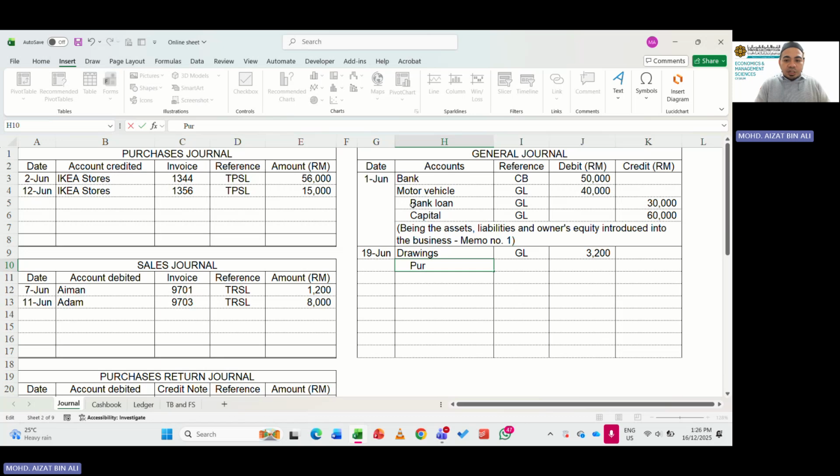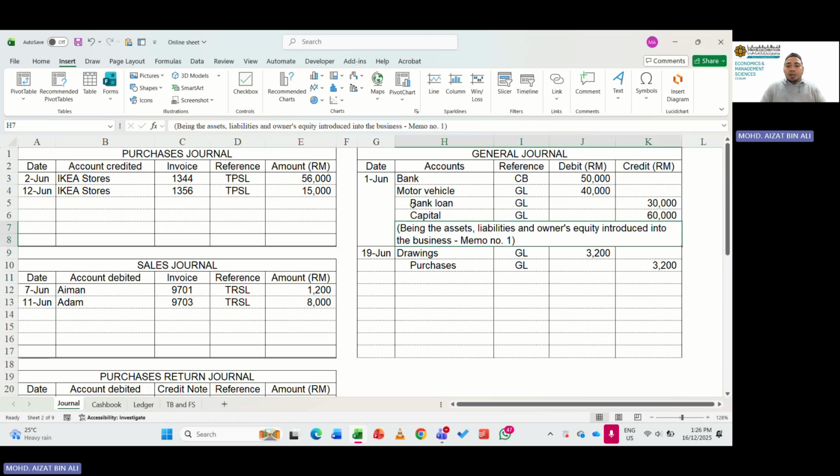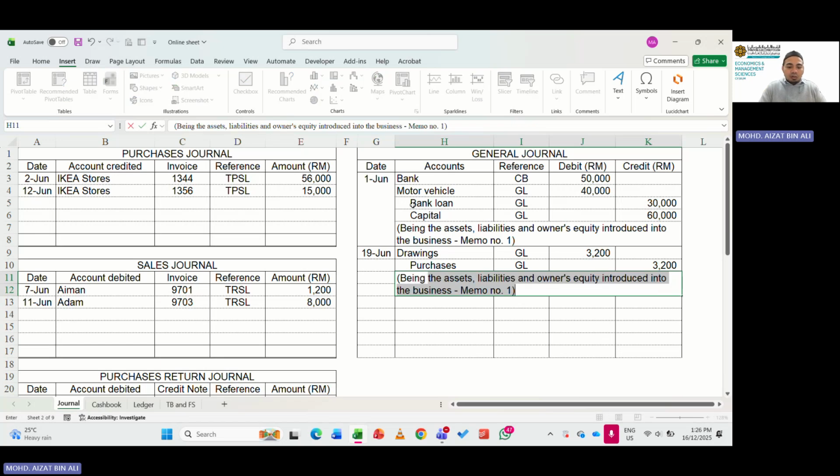Purchases also is in GL and the amount is 3,200 ringgit. Next. Being drawings of inventory by the owner of the business.